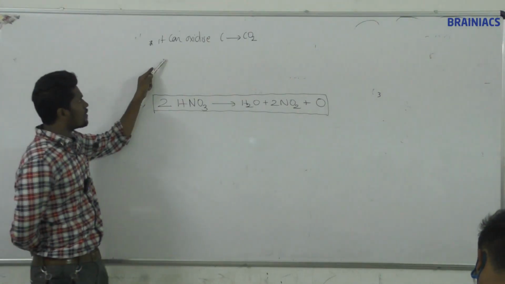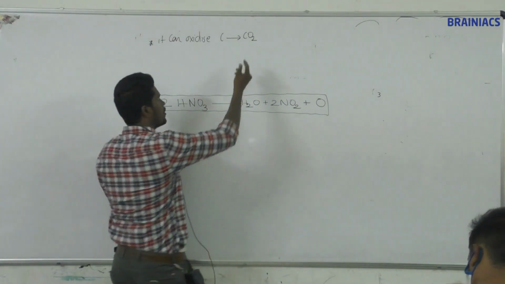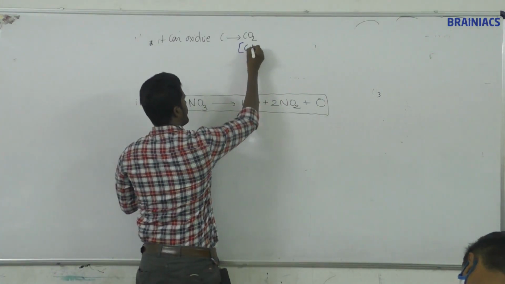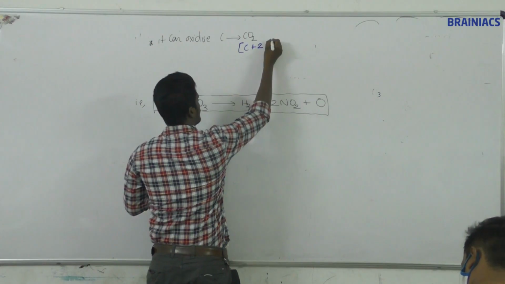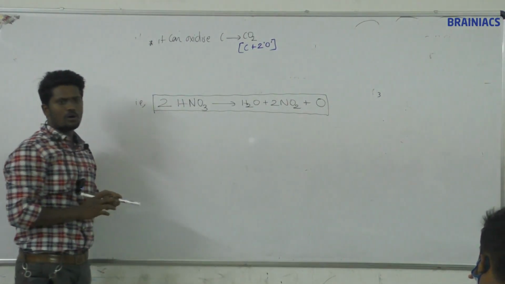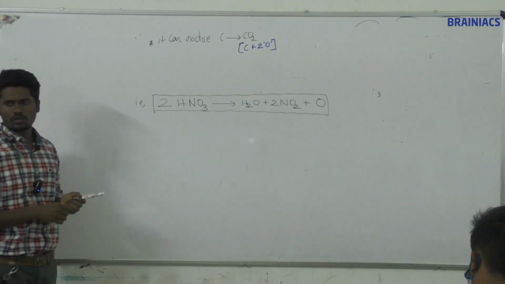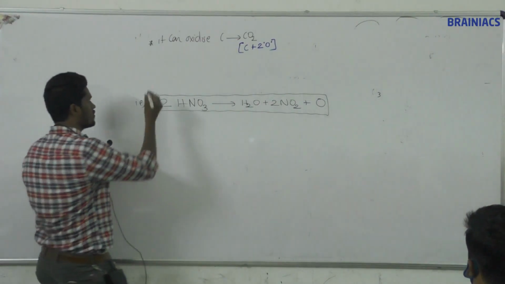So it can oxidize C into CO2. So CO2 means C plus 2 monoxygen. So how much monoxygen is required? 2. So how much HNO3 is required? 4. So what will the reaction be?